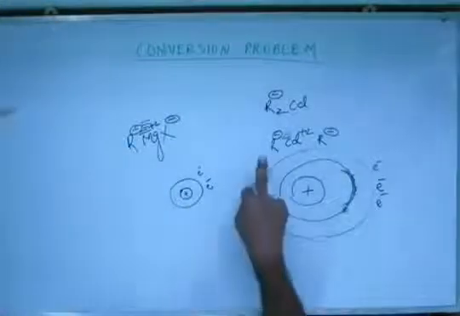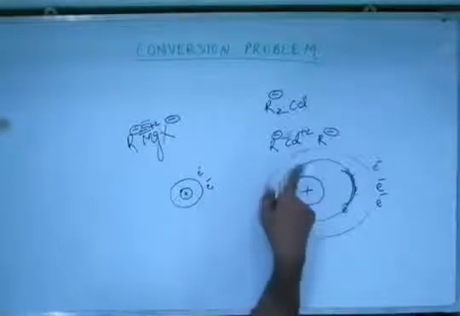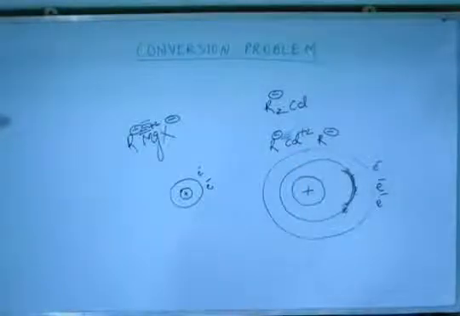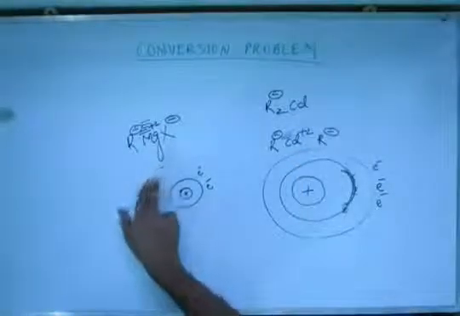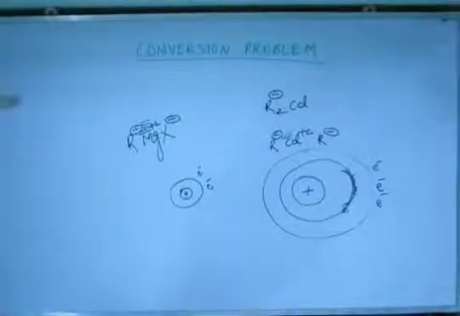So this R minus tends to get stabilized because of stronger electrostatic force of attraction. There will be a kind of ionic bonding because both are ions, and with magnesium that ionic bonding will be very less because the attractive force is less.